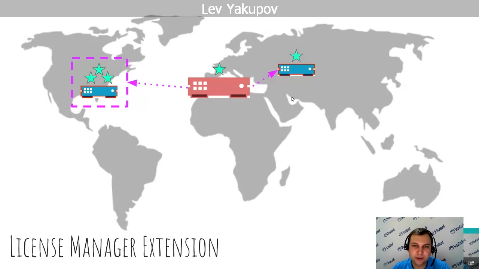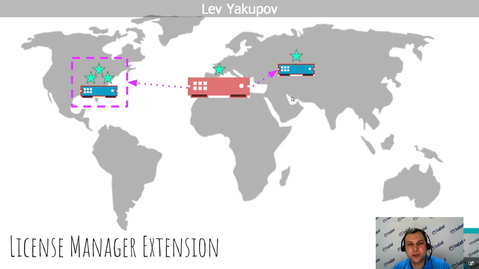What it does is pretty simple. We can select any server and make it a main server, or master. The master has a bunch of licenses, which it can rent to slave servers.